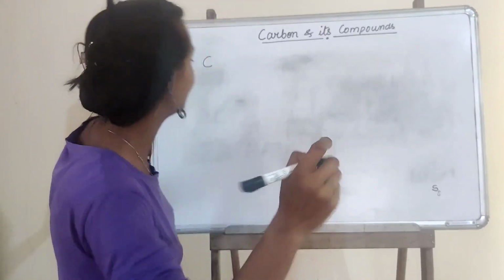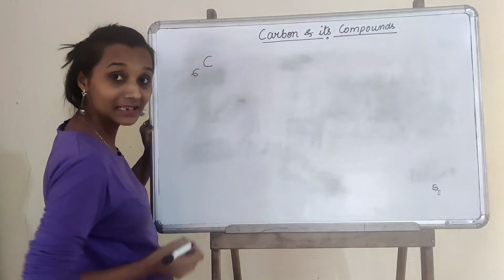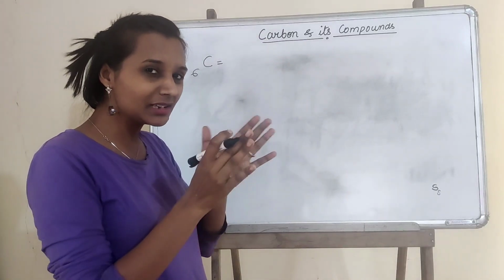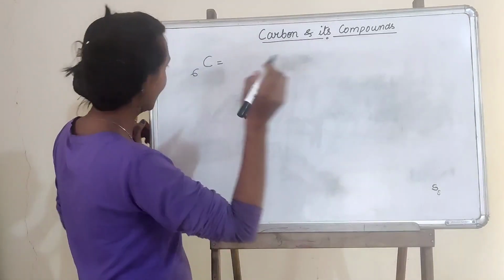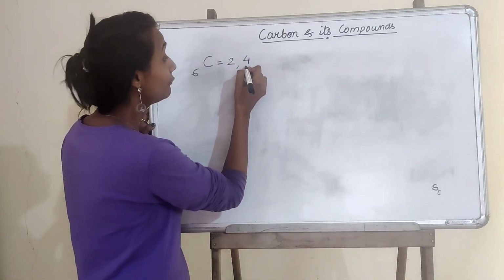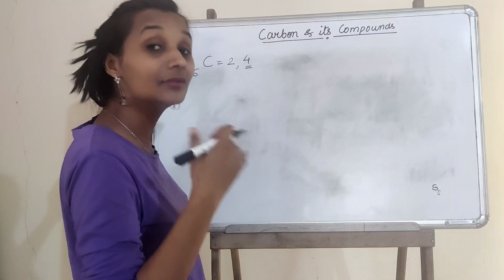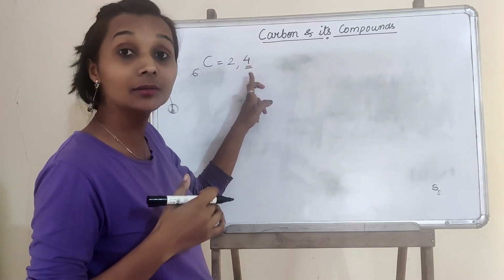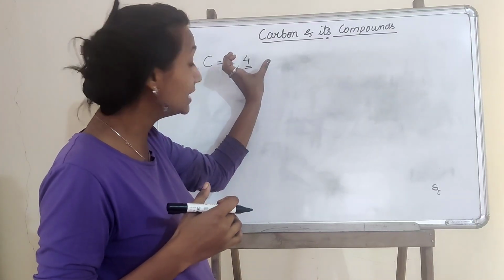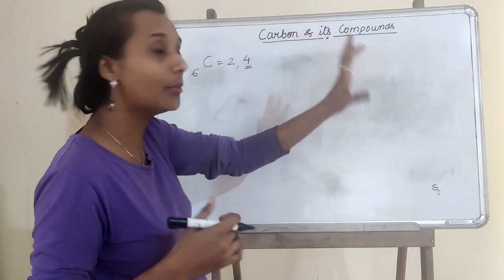Yeah, it's 6. Can you tell me the electronic distribution? Yeah, it's 2, 4. This 4 is very important for us because it is the outermost shell electrons, and this shell is the only one going to take part in the bonding.